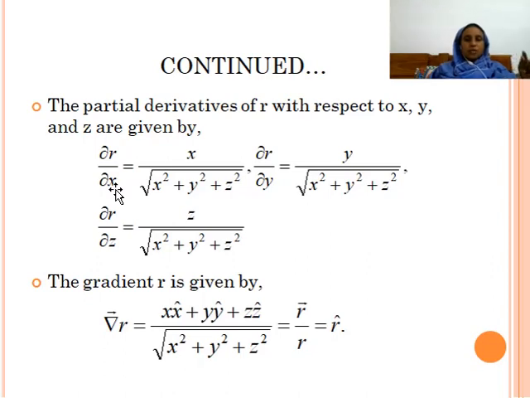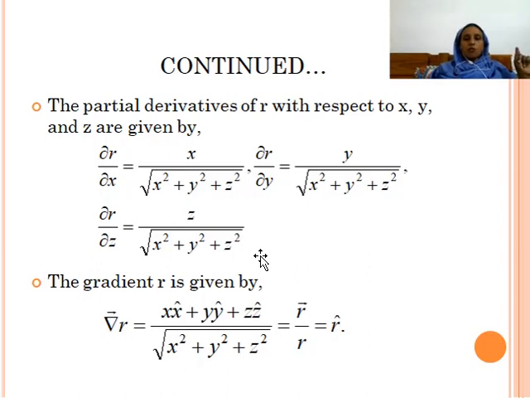Then you get its derivative as x by root of x square plus y square plus z square. Similarly, for dou r by dou y, you treat x and z as constants, and you get y by root of x square plus y square plus z square. Similarly for dou r by dou z.